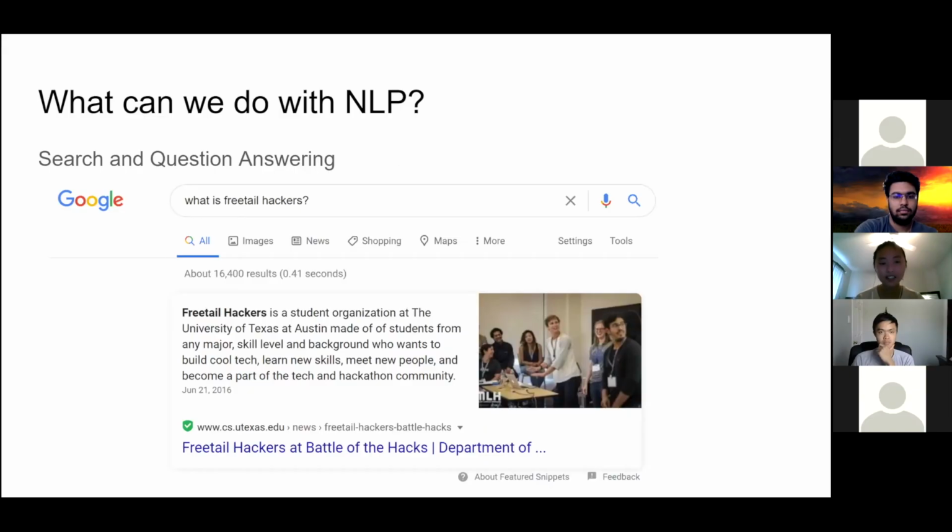It says Retail Hackers is a student organization at the University of Texas at Austin, and so on. You could think about the complexity of this. First it has to identify what kind of answer the user is expecting. Then it has to parse the trillions of documents Google indexes to find a candidate document with the potential answer, and then parse out the passage that contains the specific phrase you're looking for.